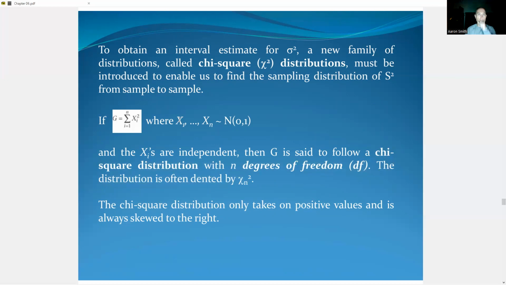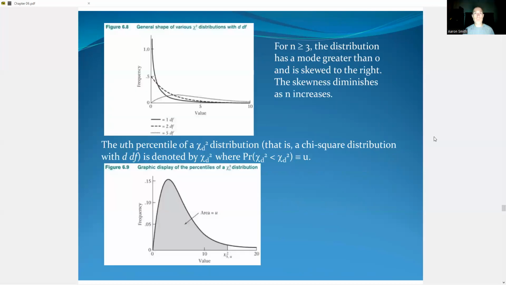And we're making the assumption that our observed data are independent, identically distributed, standard normal. For n greater than or equal to 3, the distribution has a mode greater than 0 and is skewed to the right. The skewness diminishes as n increases. So the larger my sample size, the less skewed the chi-squared distribution is.